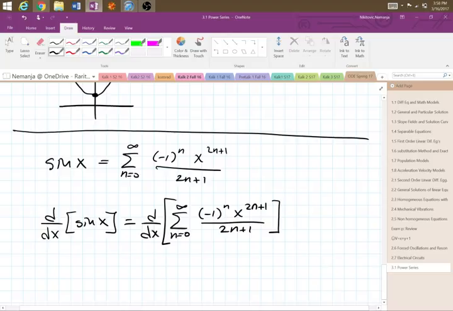But I also know that the derivative of a sum is the sum of derivatives. So I can interchange this and have it like this now.